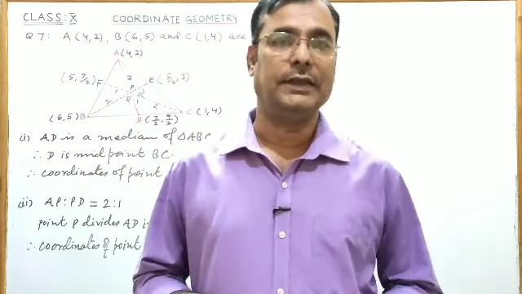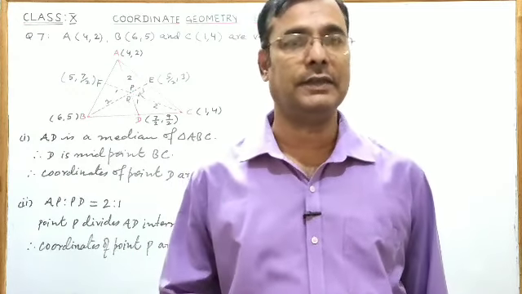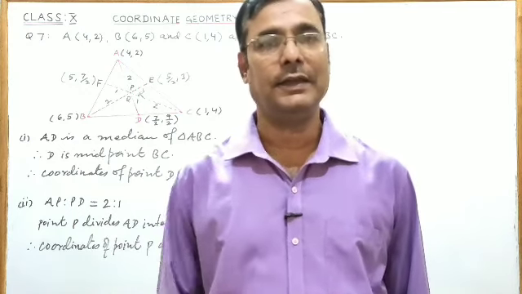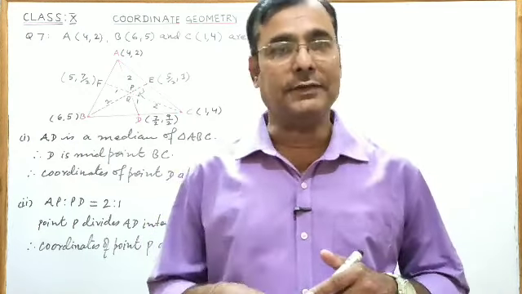And the coordinates of a point R which divides median CF in the ratio 2:1 are also 11 by 3 and 11 by 3. That means a point which divides all the three medians of a triangle in the ratio 2:1 is a common point of the three medians.